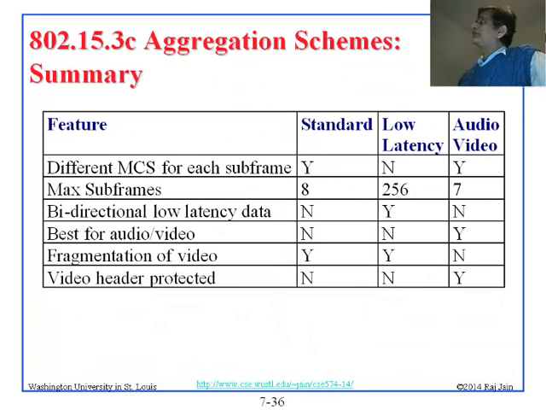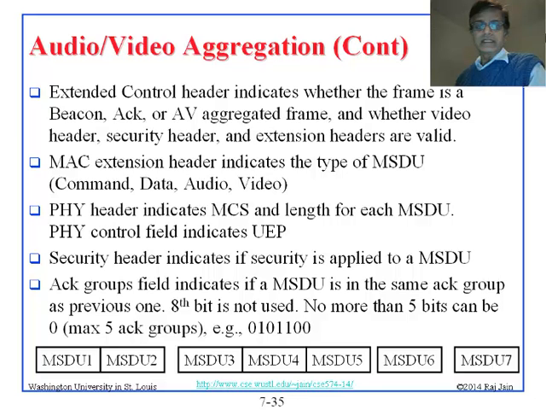So the summary of these 3 methods is that you can use different MCS for each frame, only in audio video. Not in low latency, but yes in this one. Okay, all right. Different MCS for each subframe. Now let's just verify that.